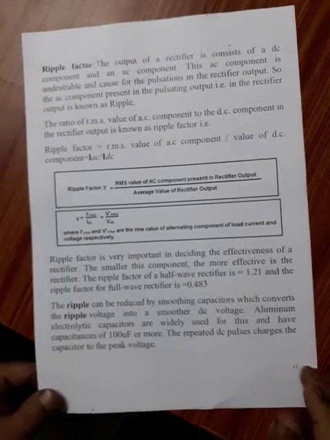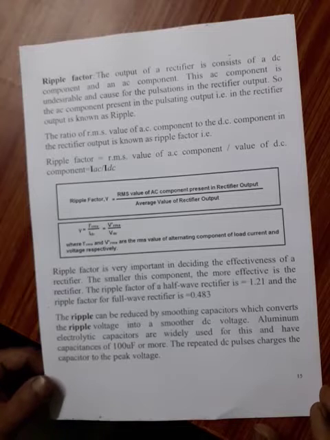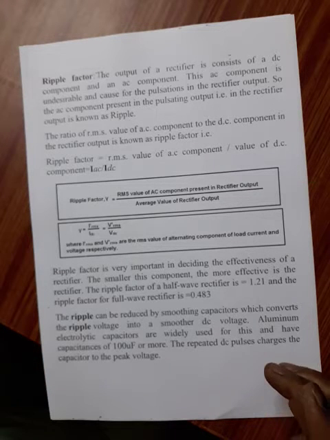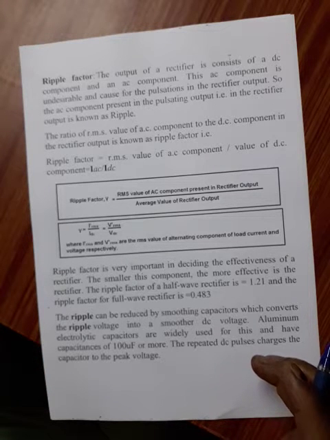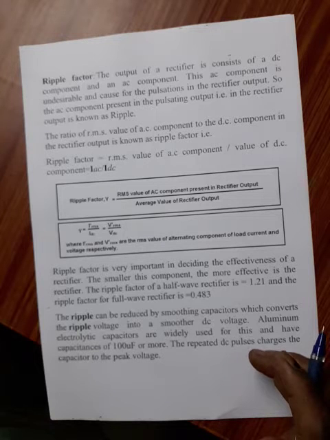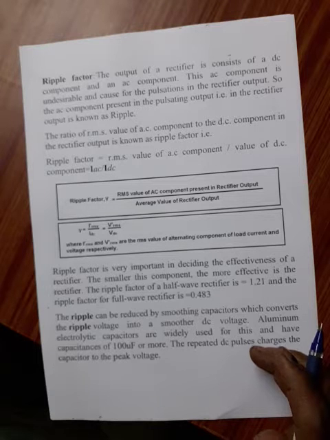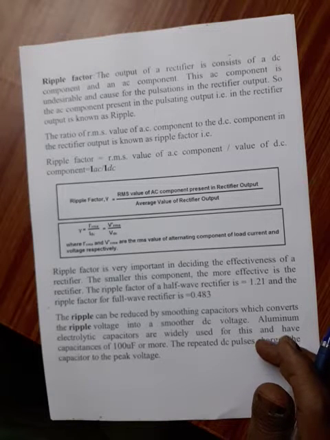So next we can go for the ripple factor. The output of a rectifier consists of a DC component and an AC component. This AC component is undesirable and causes pulsating in the rectifier output.